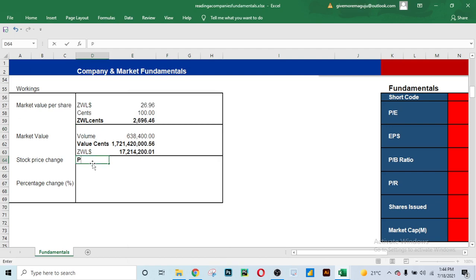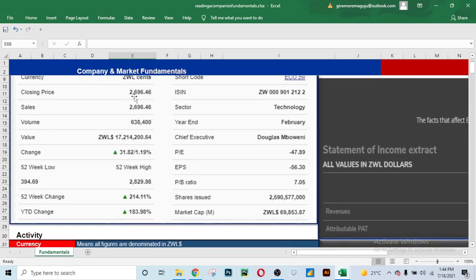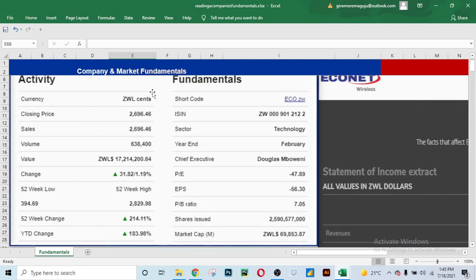Like I said, we need to find the previous price. But how can we find the previous price? Let's go back. You see here the price is 2696.46. Here I'm doing this just for the purpose of demonstrating to you. But normally, to get the previous price, you need to get the previous price sheet.